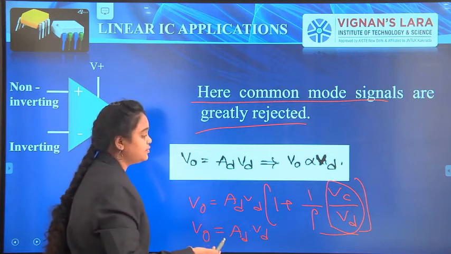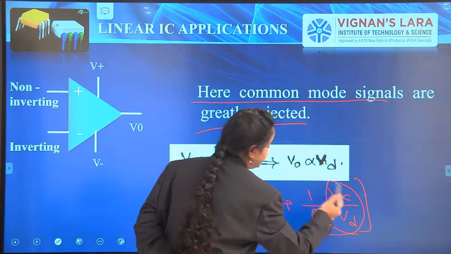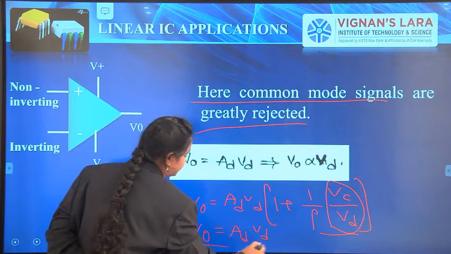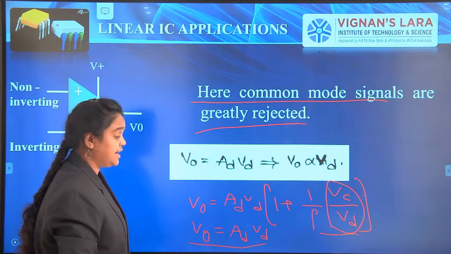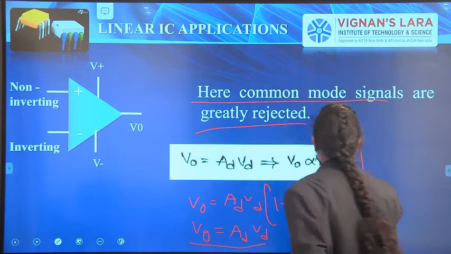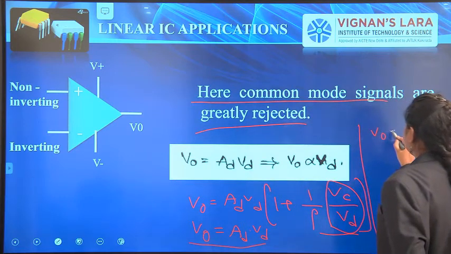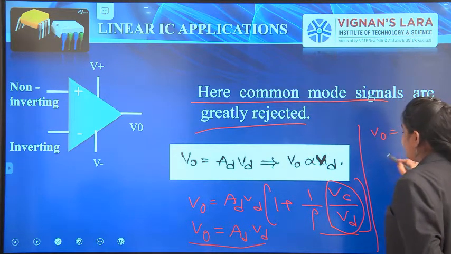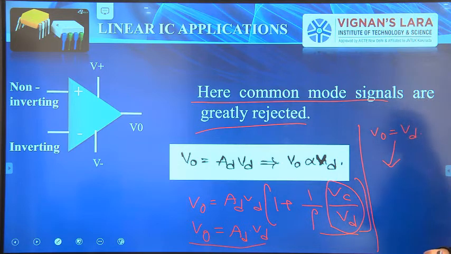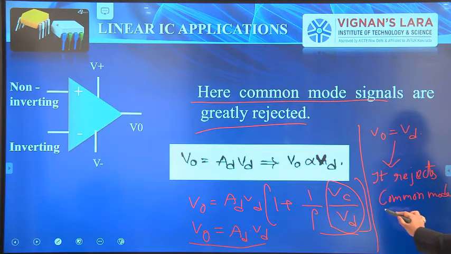With the presence of this VD and VC, we can also write like this: V0 equals AD into VD, and from this V0 equals the voltage difference VD. So with this equation, we can know what the output voltage rejects: common mode voltage signals.